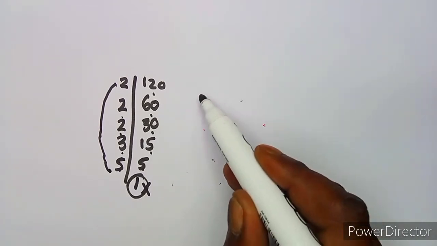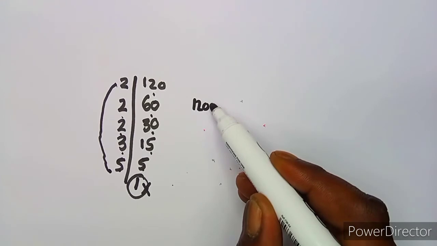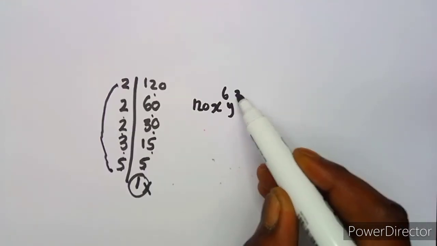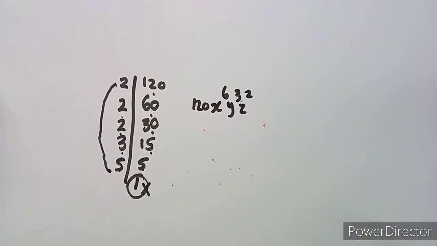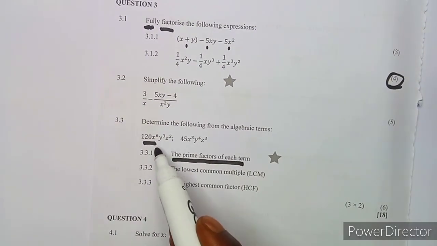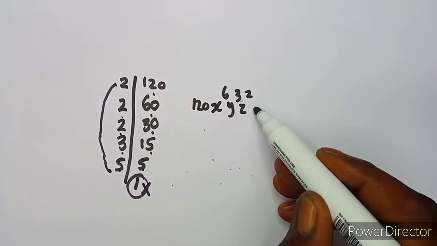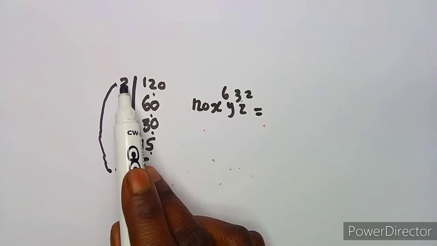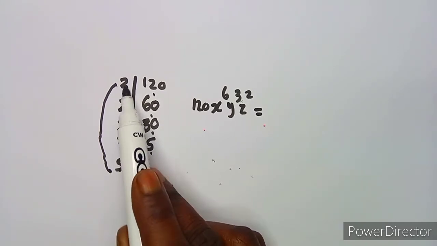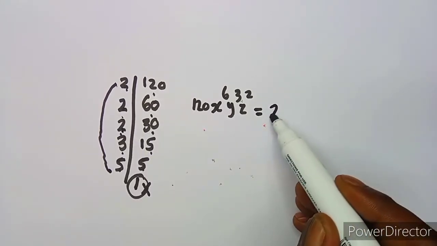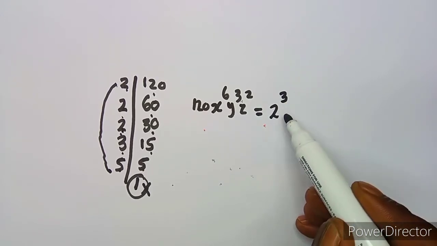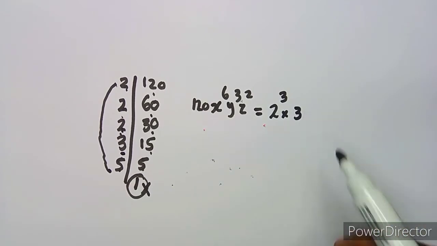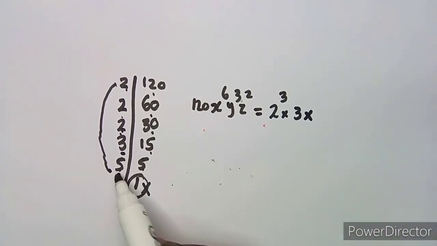But here we are given it as 120 x to the exponent of 6, y to the exponent of 3, z to the exponent of 2. So we are going to write this as 2 times 2 times 2, which is 2 to the exponent of 3, times 3, because we only have one 3 here, times 5, because we only have one 5 here.